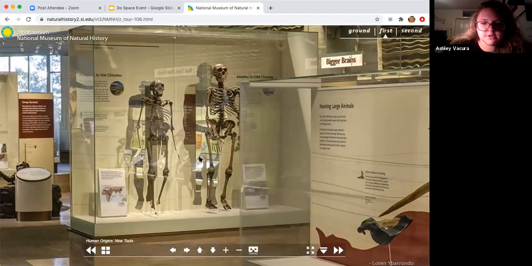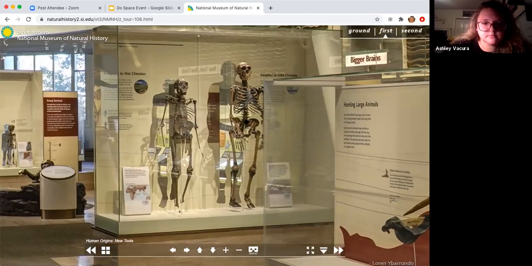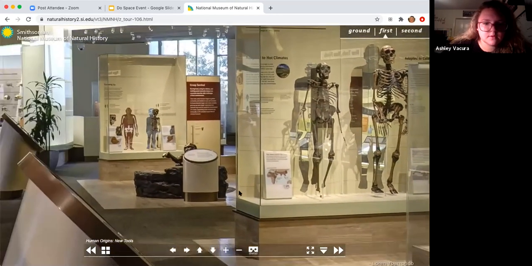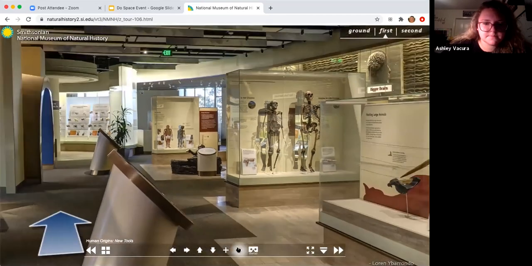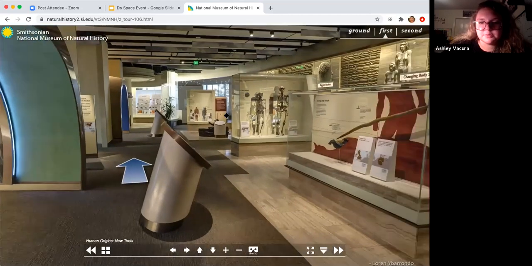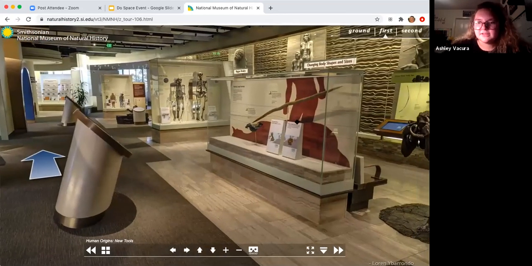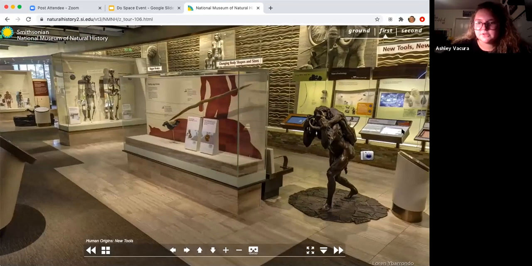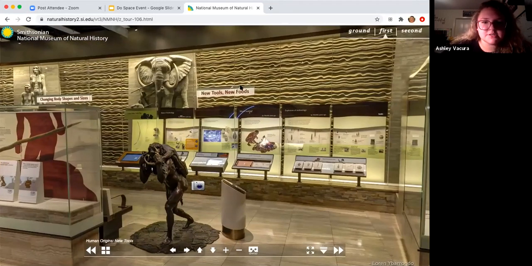Shows you similarities and differences. A lot of the museum has interactive things too that you could play with. So that's why, like this over here is something interactive you could do over here. So that would be nice if we were in person to do that.